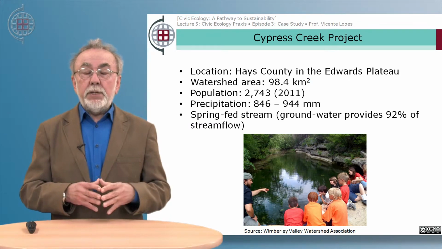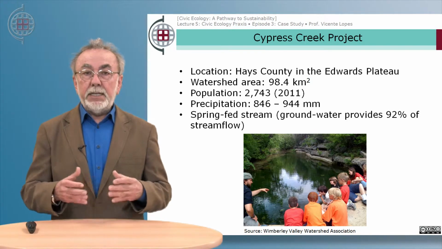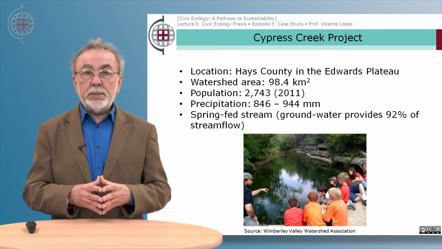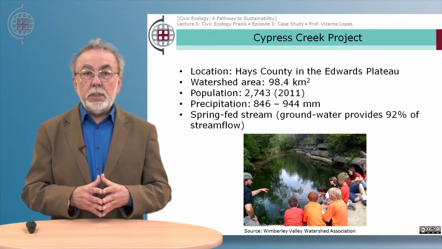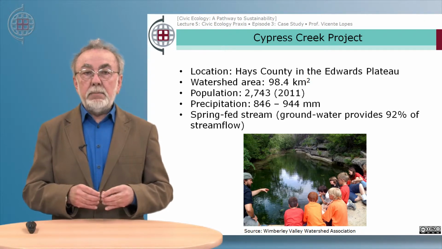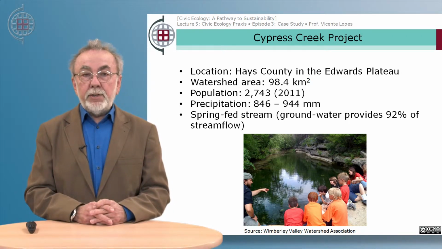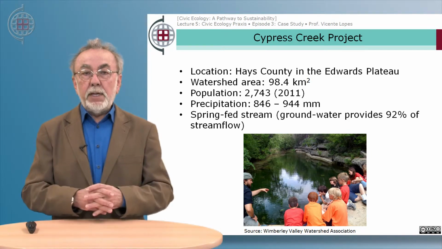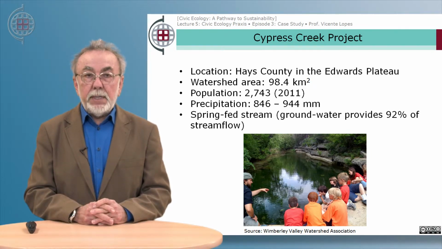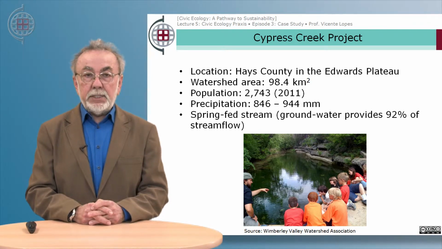In this watershed, the watershed is relatively small. It covers an area of about 98.4 square kilometers. And within that watershed, there is a small community with about 2,700 people. Precipitation in the area varies between 846 and about 944 millimeters. And this is what we call in hydrology a spring-fed stream.